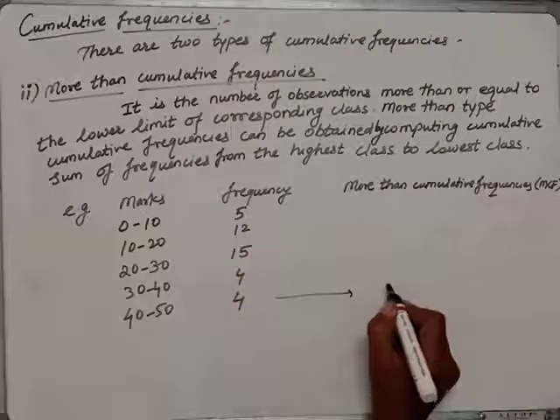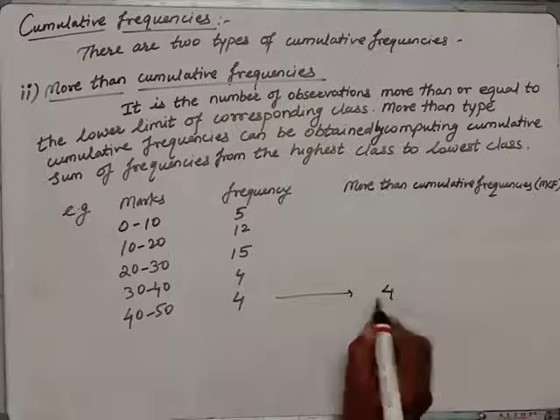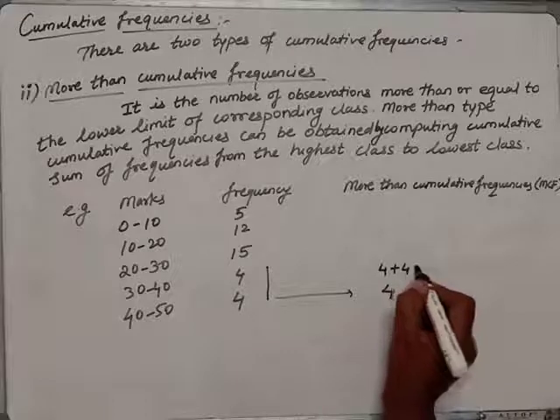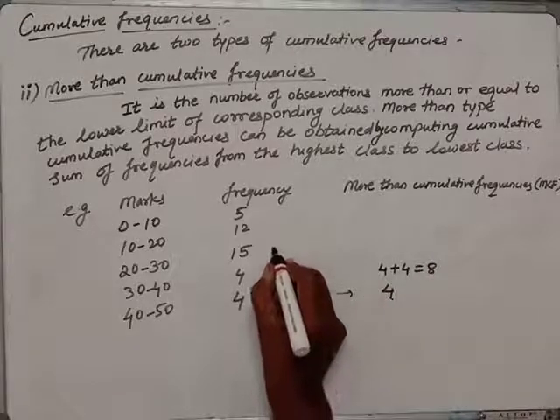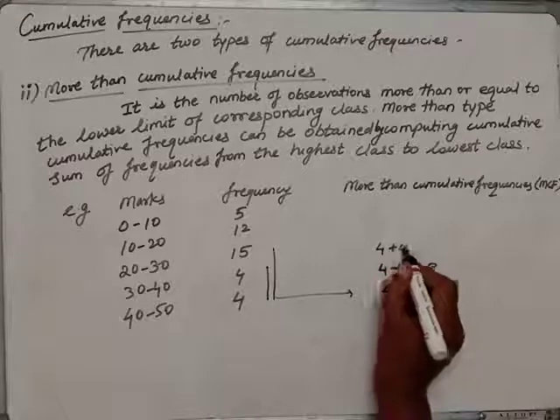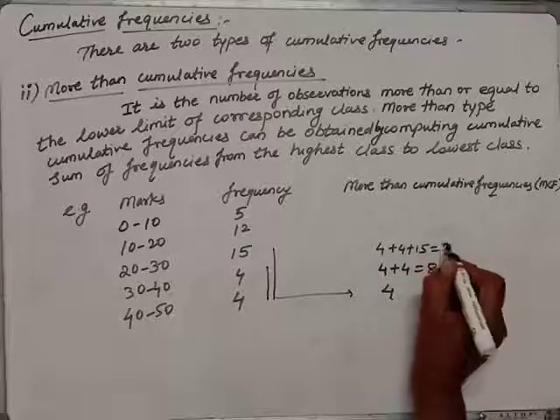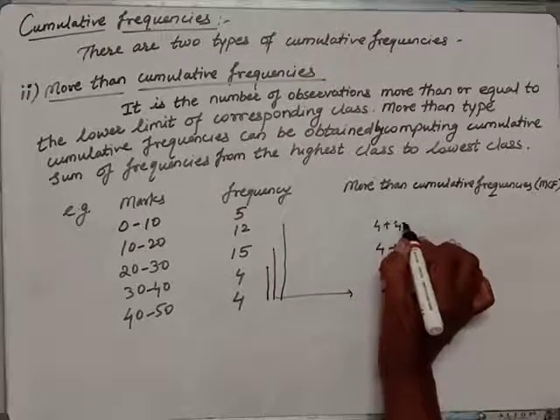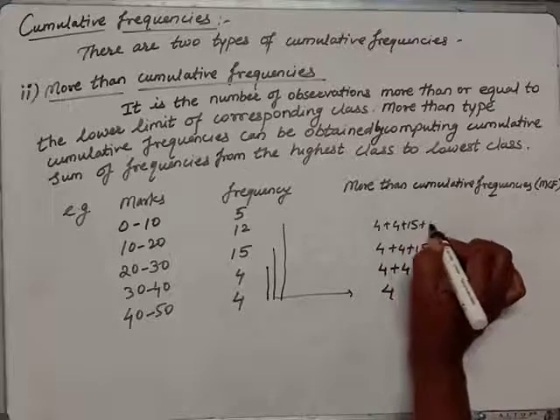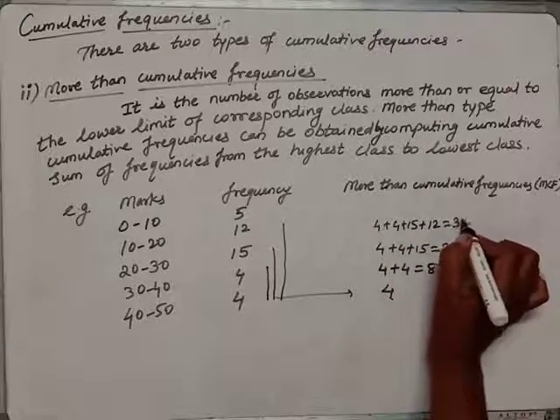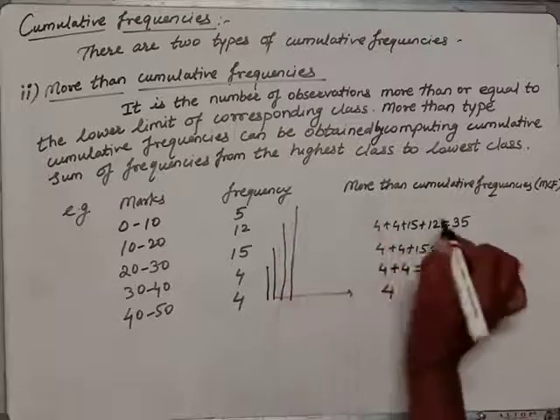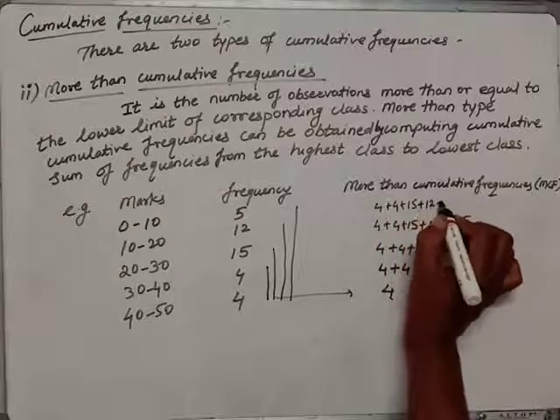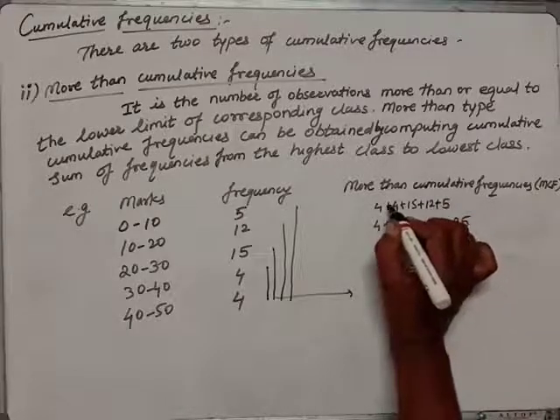So the cumulative frequency for the highest class is 4. Then for the class above it, it will be 8. Then the sum of these 3, 4 plus 4 plus 15, so it will be 23. Again, 4 plus 4 plus 15 plus 12, so it is 35. Now 4 plus 4 plus 15 plus 12 plus 5, so it will be 40.